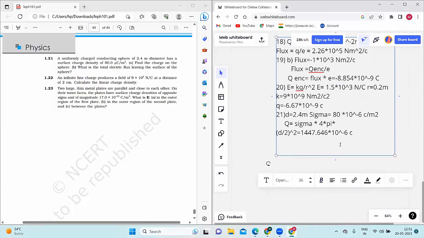And the part B, the flux. Flux linked is Q by epsilon naught.